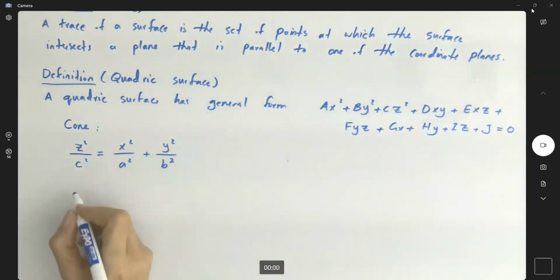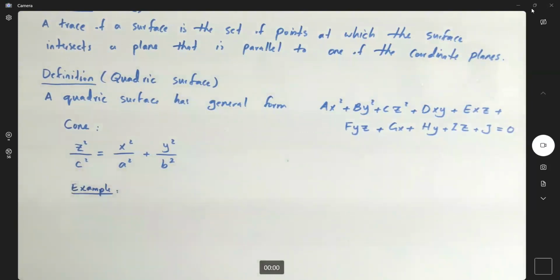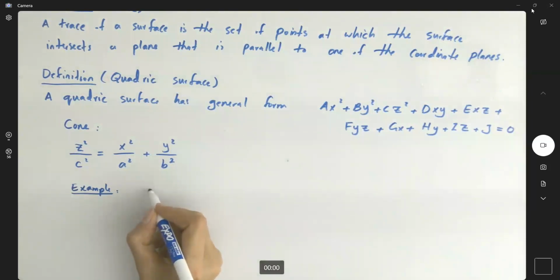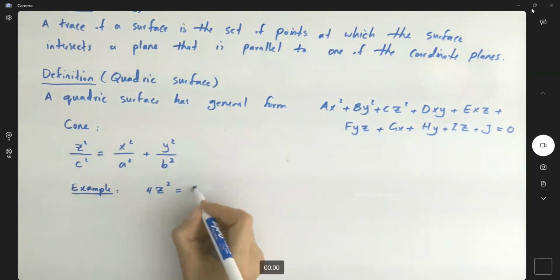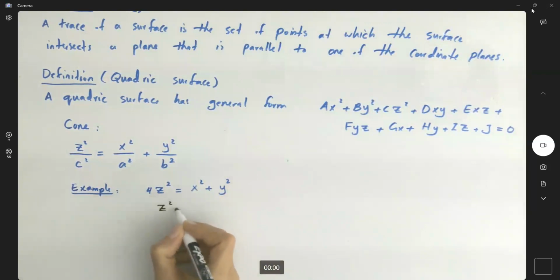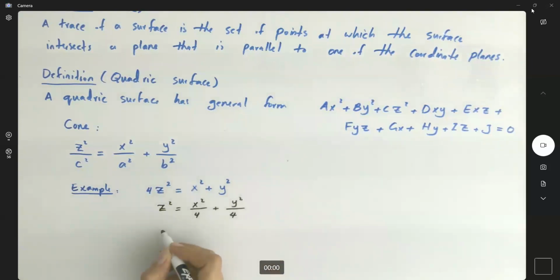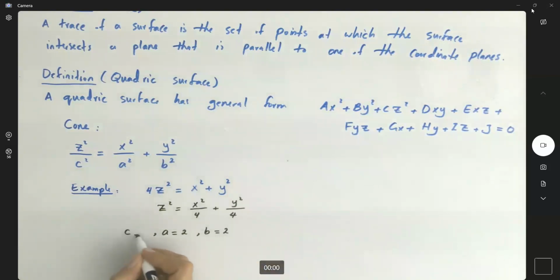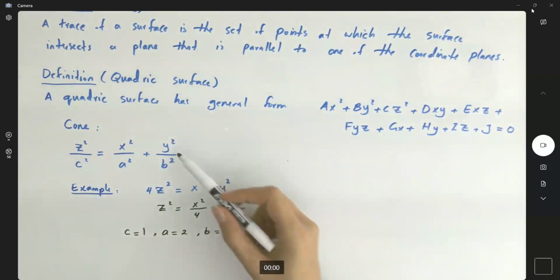For example, you might have an equation given to you as 4z squared equals x squared plus y squared. In that case, if you divide by 4, you get z squared equals x squared over 4 plus y squared over 4. A is equal to 2, B is equal to 2, and C is 1. This equation represents a cone.